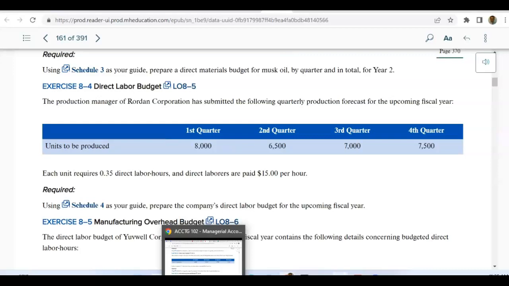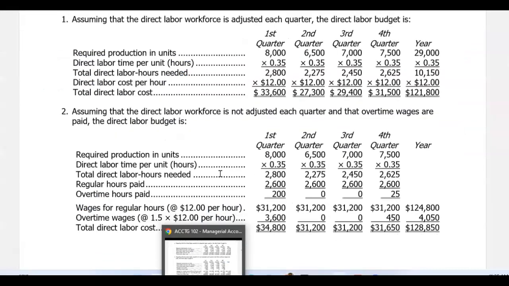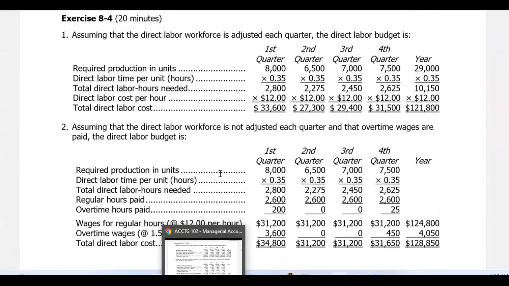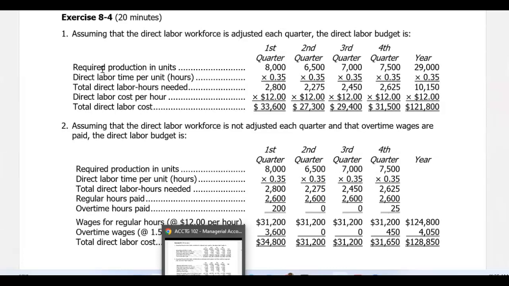Okay, so let's do that. Here we go. Required production, we already have it. We know how much we are producing. Every unit of production takes 0.35 hour of direct labor. Ends up to be direct labor hours that we're gonna use.